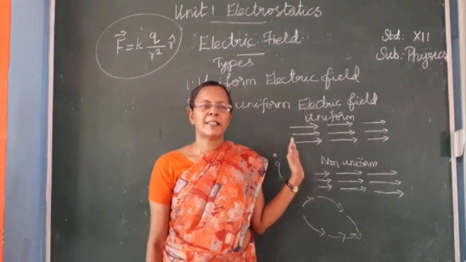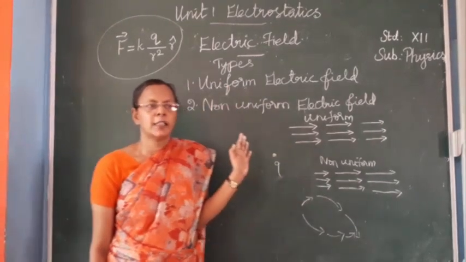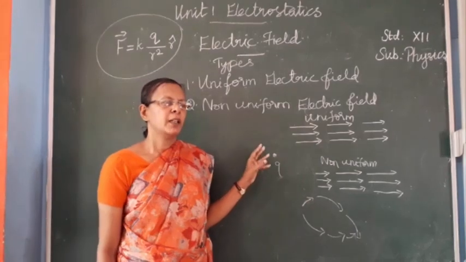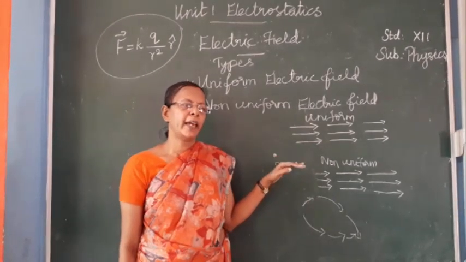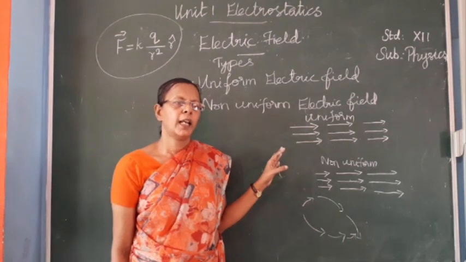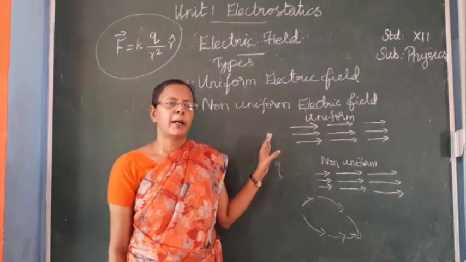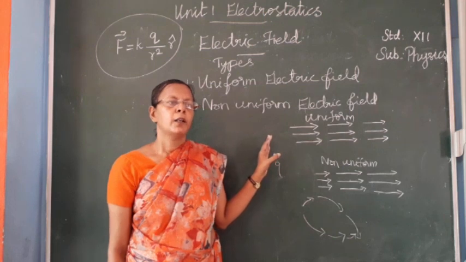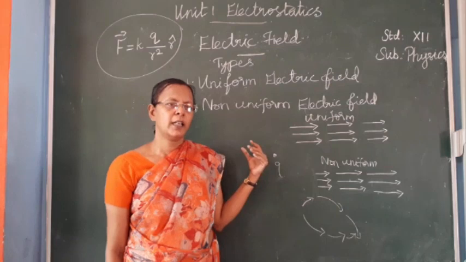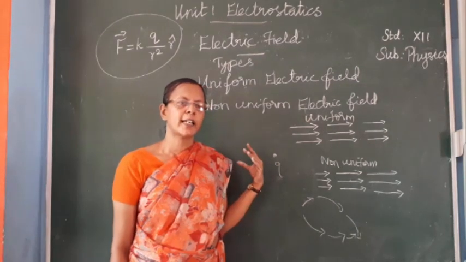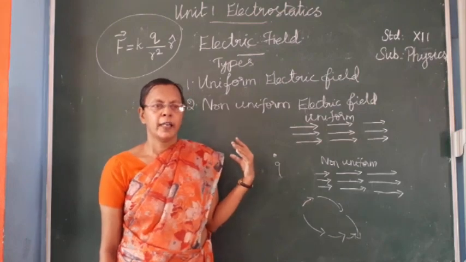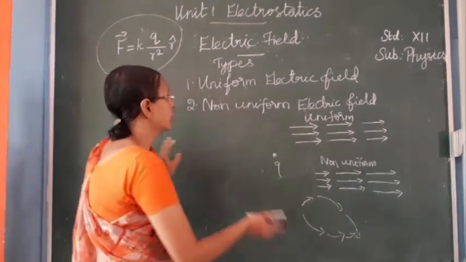We know the first aspect: if the point charge is positive, the electric field points away from the source charge. Like that, if the point charge is negative, the electric field points towards the source charge. Okay, we have to know this thoroughly.